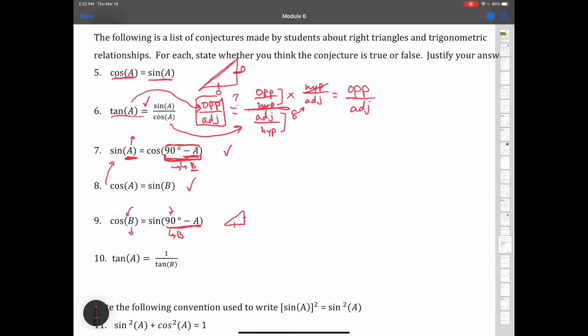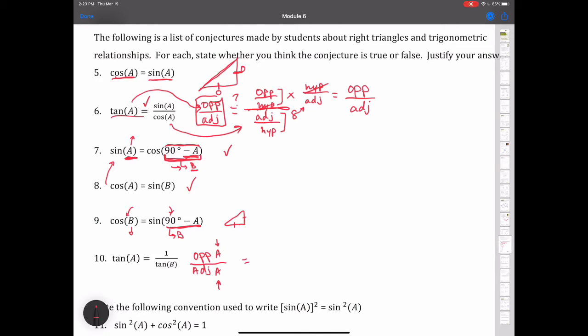So only then. And then finally, tangent of A, is that equal to 1 over tangent of B? Well, let's have a look. So we've got opposite A over adjacent A. And here, I have to actually put my reference angle in so that I know what's going on, right?